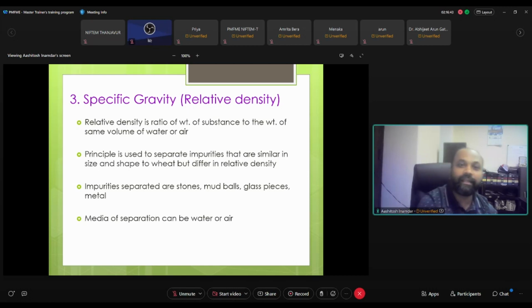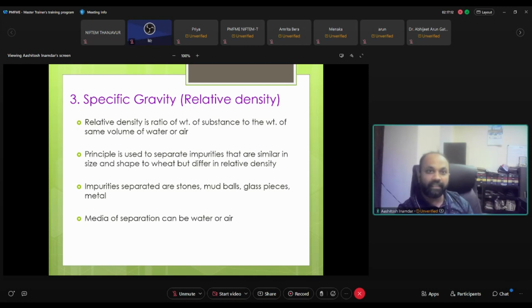Basically, what we target here is to remove material based upon the relative density. Now, the density of water or air is taken as 1. The relative density, particularly for grains, will be somewhere around 1.2 gram per cubic centimeter. Other than that, stones and all will have a relative density of somewhere around 2.4 to 2.8 gram per cubic centimeter.